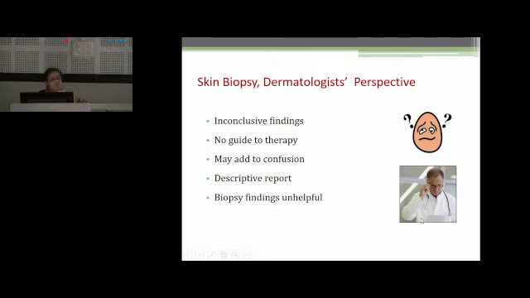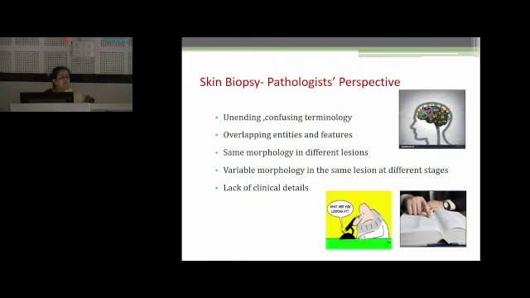Now, pathologists also have their own perspectives for skin biopsy, and the most important is the unending and confusing terminology, which all of you can agree with. Many of the entities have overlapping features; etiologically different conditions can show similar morphology.